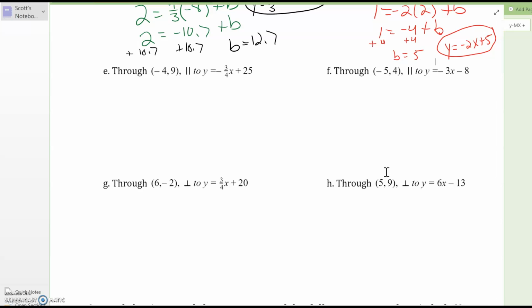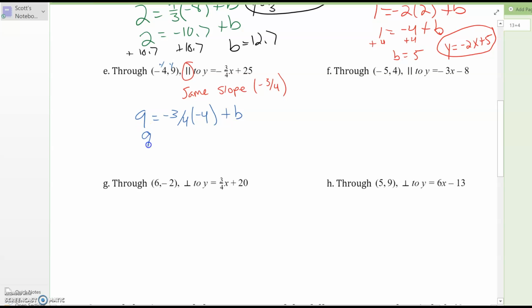All right. Letter E. Parallel. Parallel means they have the same slope. So I will use -3/4. Okay, so then from here, I can plug in x and y. 9 equals -3/4 times -4 plus b.